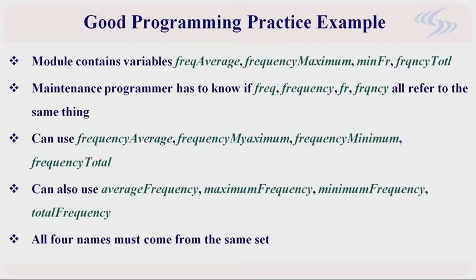For example, a module contains variables: frequent average, frequency maximum, minimum frequency, frequency total, and so on. We find that frequency is defined in different ways, such as FREQ, frequency, FR, FRQNCY, all referring to the same thing, actually, frequency.